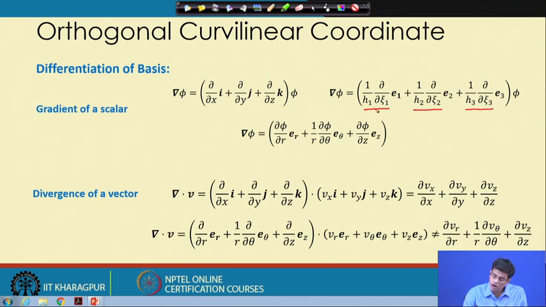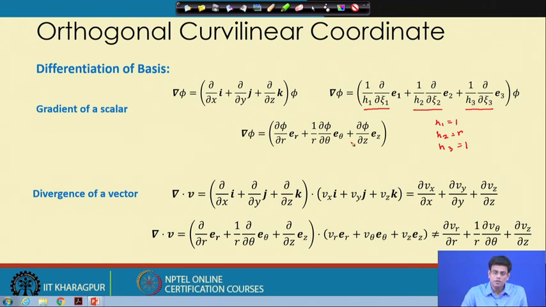If we now specify it for the cylindrical coordinate system, we know h1 equals 1, h2 equals r and h3 equals 1. So it will be del phi del r e r, 1 by r del phi del theta e theta, and del phi del z e z.